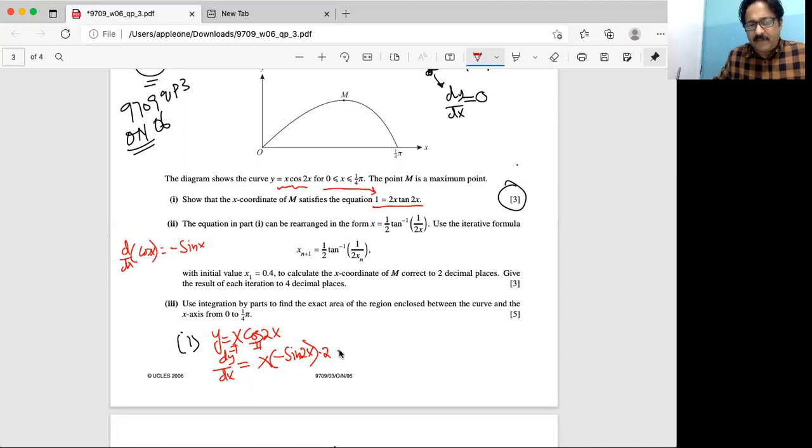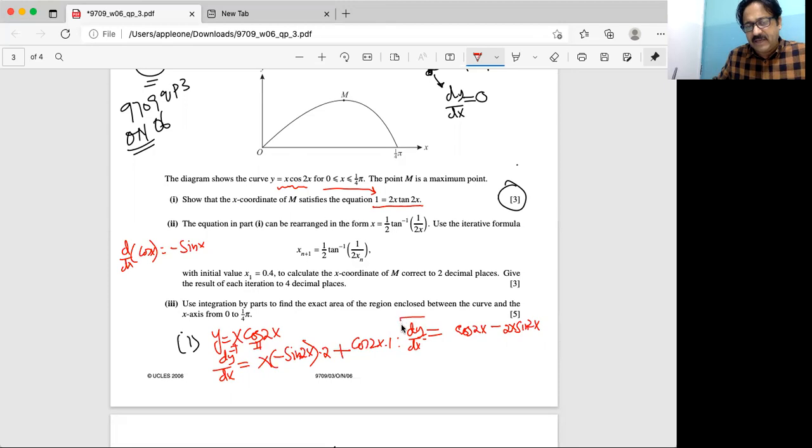Then plus cos 2x times the derivative of x, which is 1. So we get dy dx equal to cos 2x minus 2x sine 2x. That's the result.